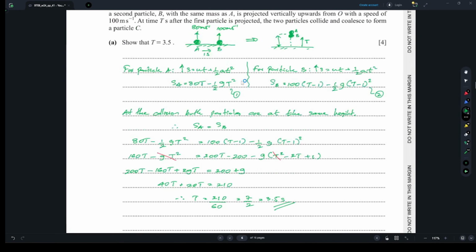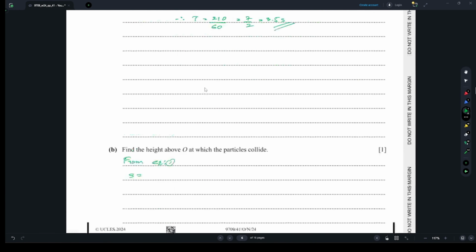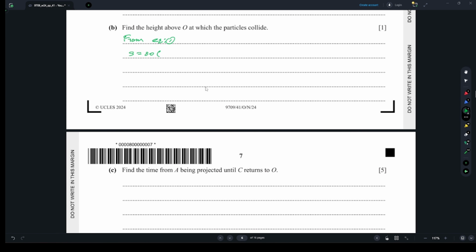S equals, from equation 1, 80t, so we can write 80 times 3.5 minus half, g is 10, times 3.5 squared. So S equals 875 over 4, which is 218.75.